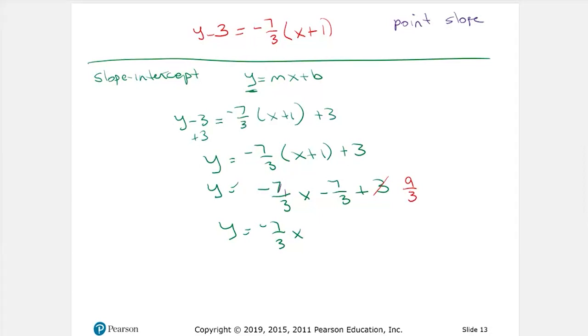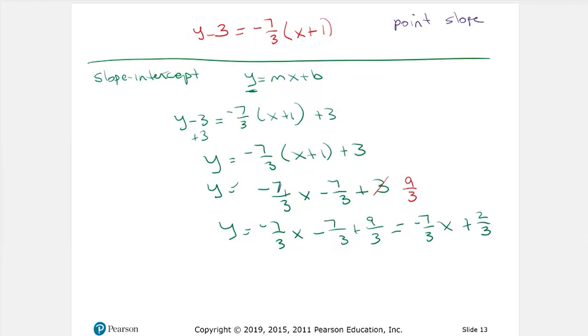So I have minus 7/3 plus 9/3, which is going to equal -7/3 x. And then I have -7 plus 9 is plus 2/3.